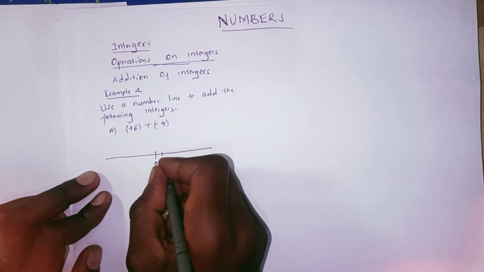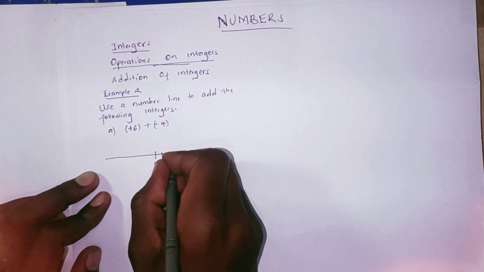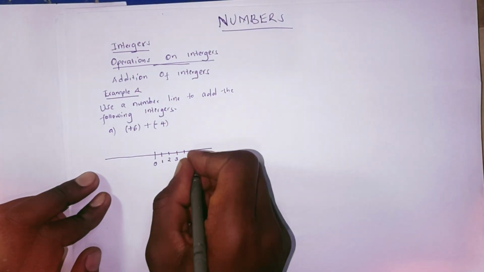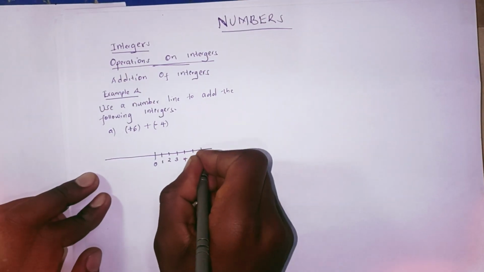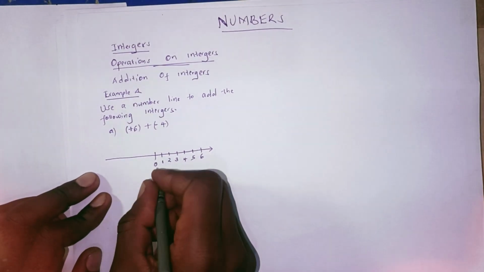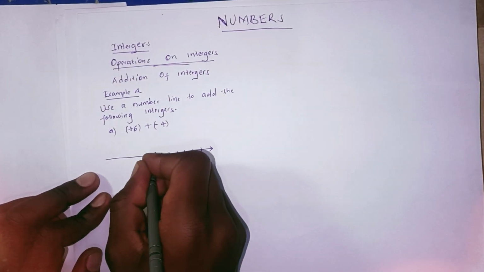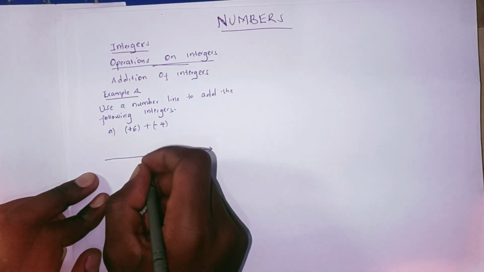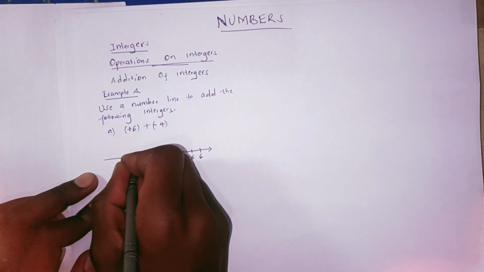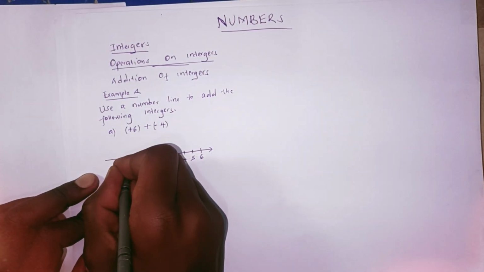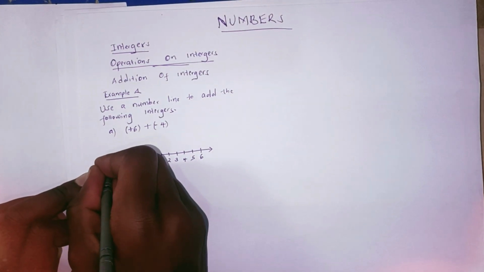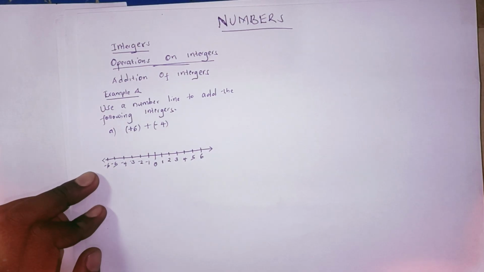I'll begin with 1, then 2, 3, 4, 5, 6. Then I'll put an arrow to show that the numbers are continuing. Then here is negative 1, negative 2, negative 3, negative 4, negative 5, negative 6. Let me just stop at that point.